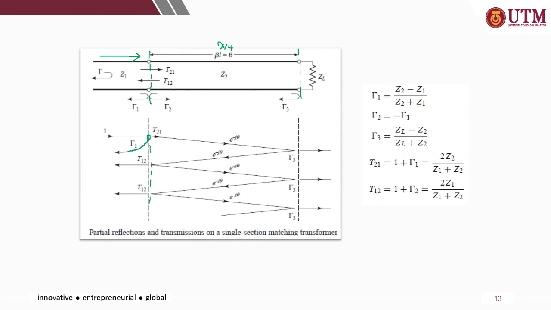The reflection is given by reflection coefficient 1, or gamma 1, and besides the reflected signal, there's also a transmitted signal from the first element to the second element. This is the transmittance, the transmitted signal from point 1 to point 2.